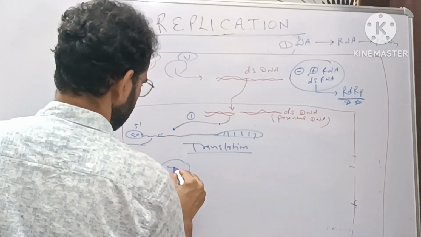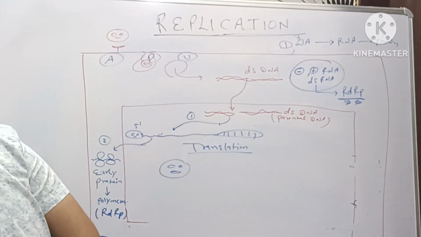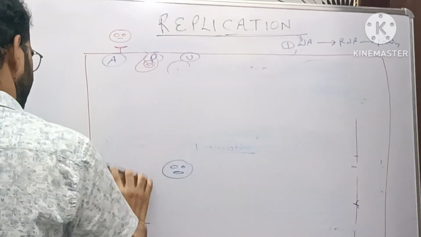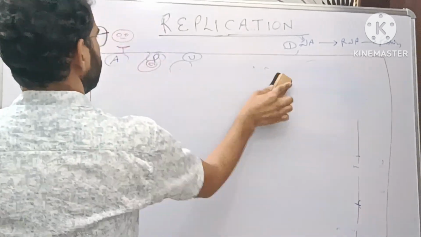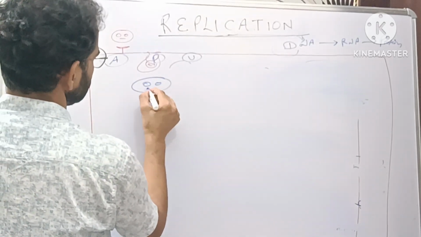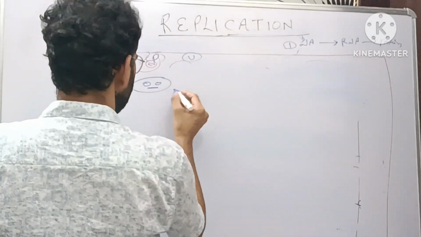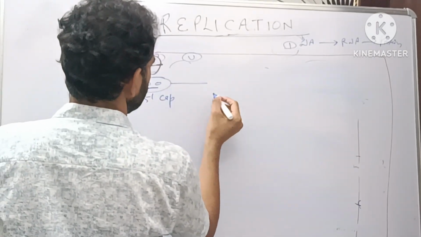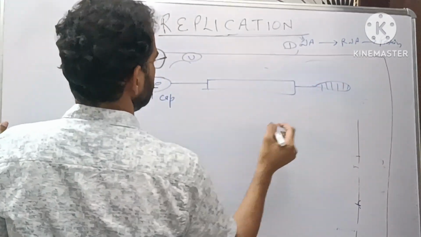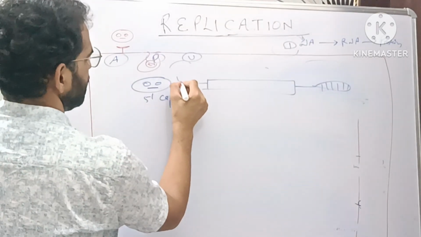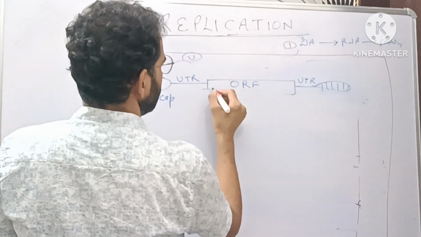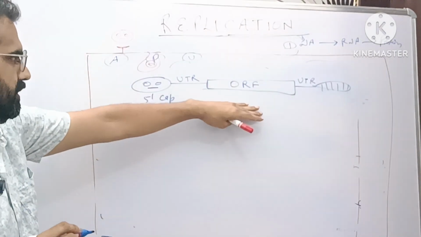If we look at this diagram of the messenger RNA, this is the 5 prime cap, this is the untranslated region, UTR, on both sides, and this is known as the open reading frame.